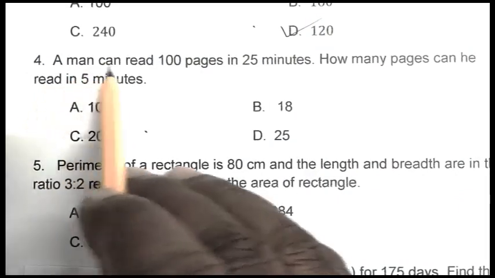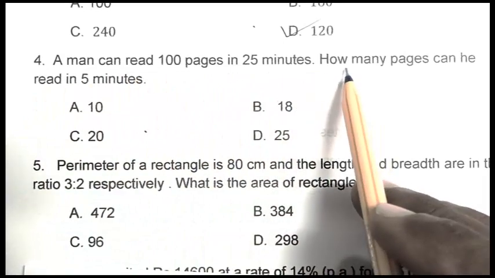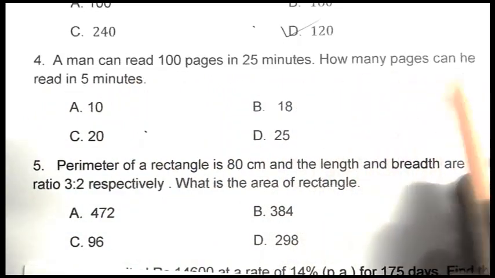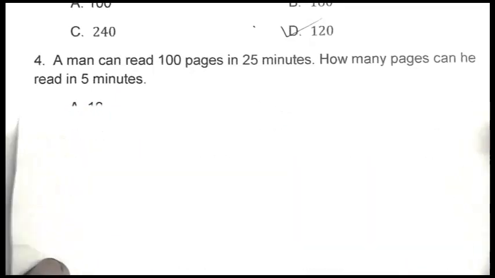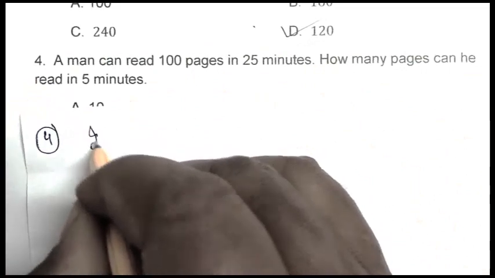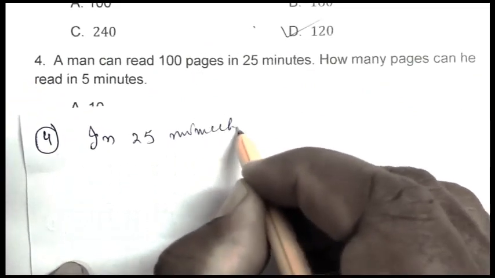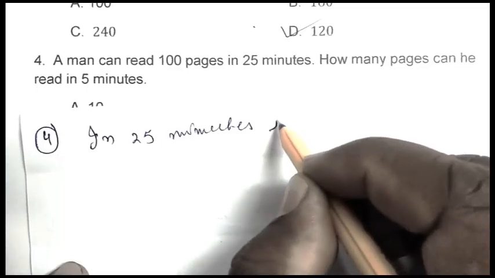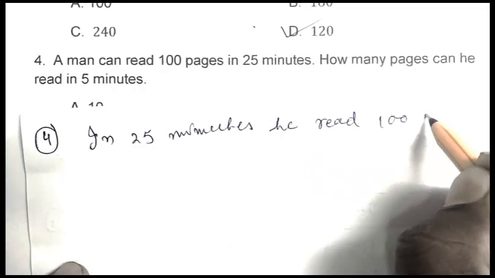Question number 4. A man can read 100 pages in 25 minutes. How many pages can he read in 5 minutes? Simply we calculate it by the unitary method. In 25 minutes he reads 100 pages.